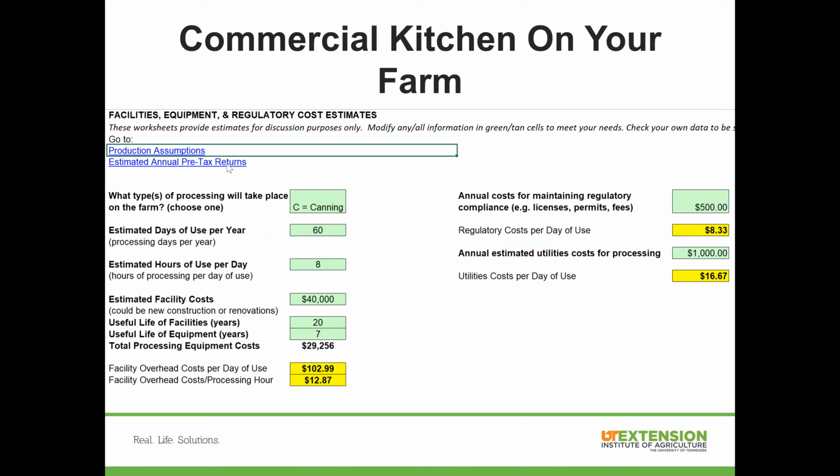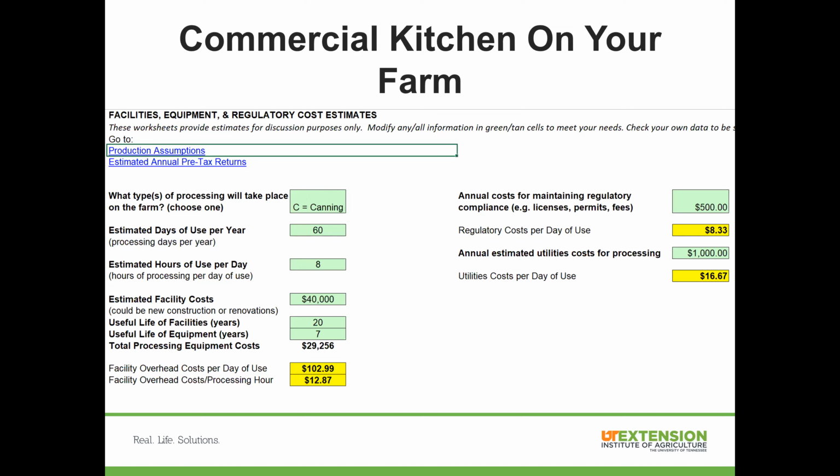Okay, so we're going to plug in a letter, and these green cells are the ones that you can enter numbers or data into. The yellow cells are protected with those formulas in them. But in this case, you would tell the spreadsheet, what are you going to use? What kind of processing are you going to do?